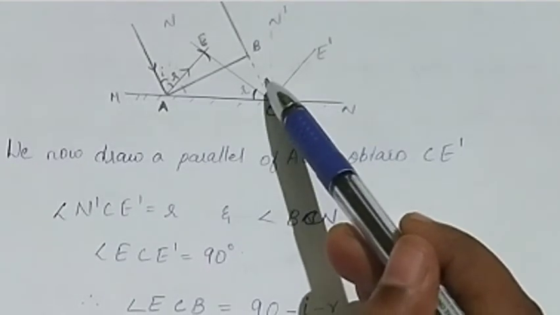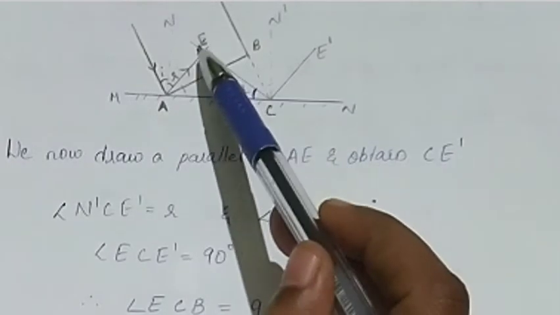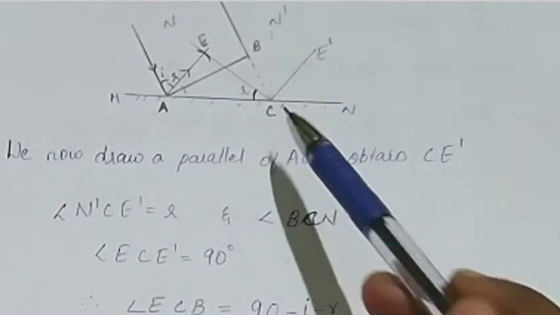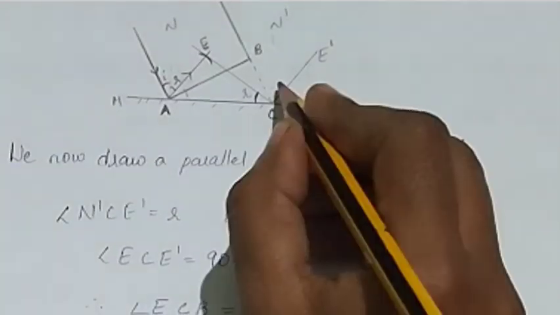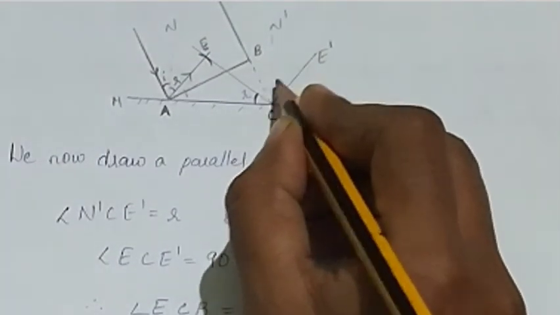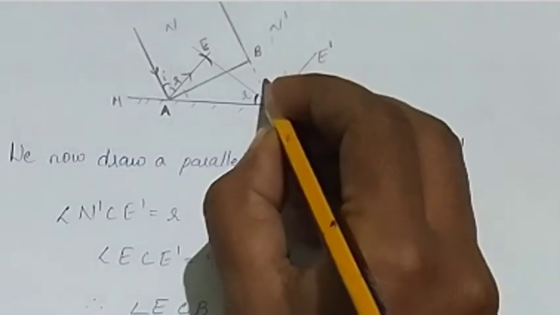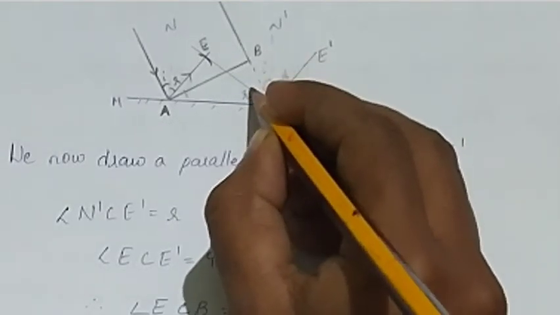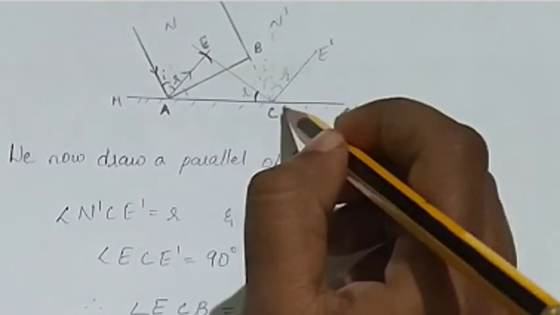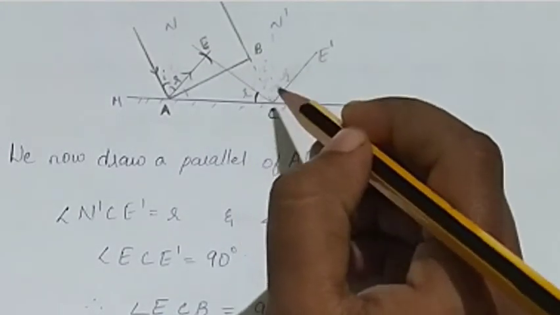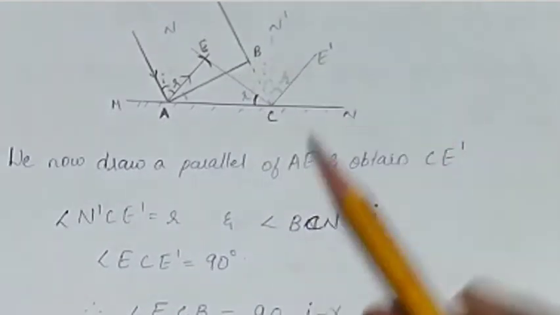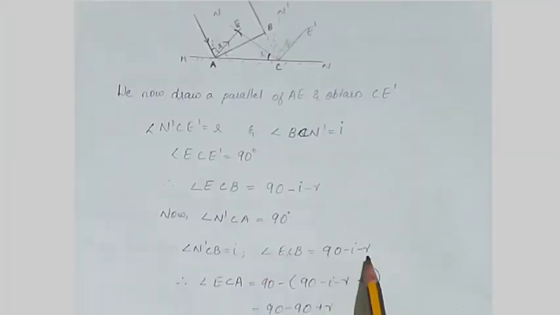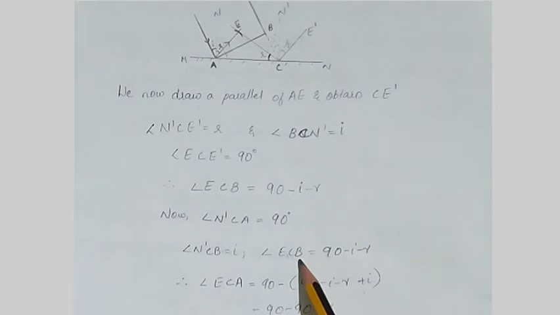That is, the total here is 90 degrees. So ECB can be written as 90 minus I minus R. By now we have found that this is R and this angle is I, and the total, that is ECE dash, is 90 degrees. Therefore the small angle ECB is 90 minus I minus R.